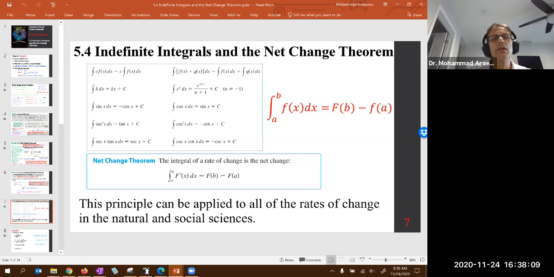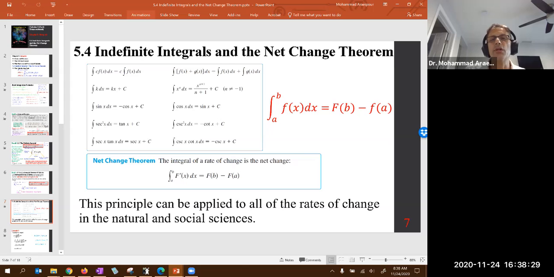Now, the indefinite integral and the net change theorem, in short, is nothing but the FTC1, if you will. The integral from a to b of f of x dx is capital F of b minus F of a, okay? The integral of a rate of change is the net change.